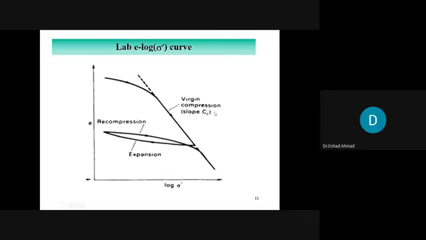Once that stress is exceeded, we have a virgin curve, where the maximum stress is exceeded and the current pressure is actually the maximum one. There wasn't any pressure greater than the current pressure acting on the soil specimen. So this linear part we call virgin compression. Its slope we call CC, and this part we call the recompression curve, right?